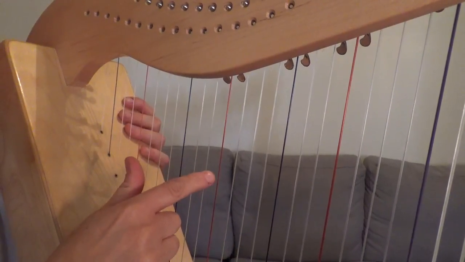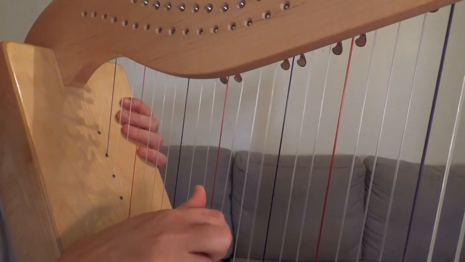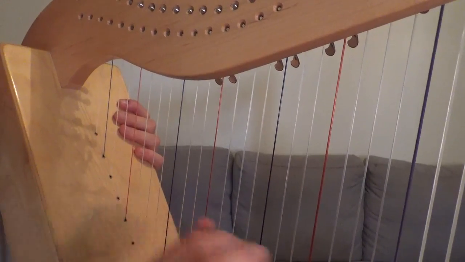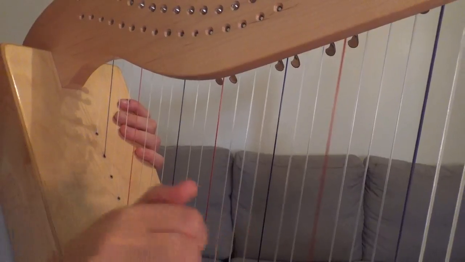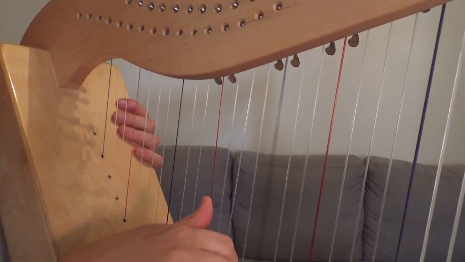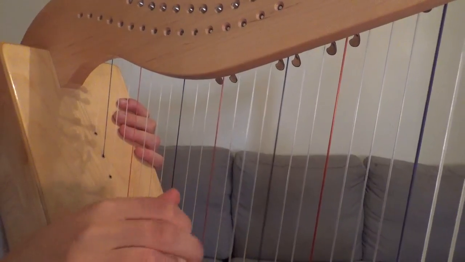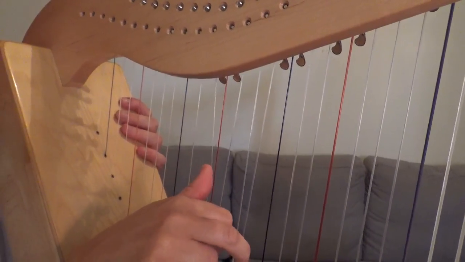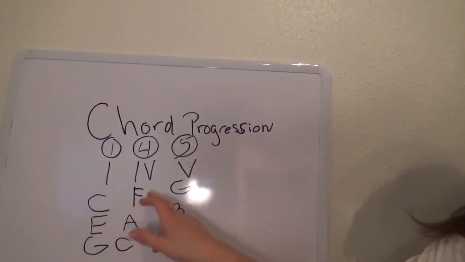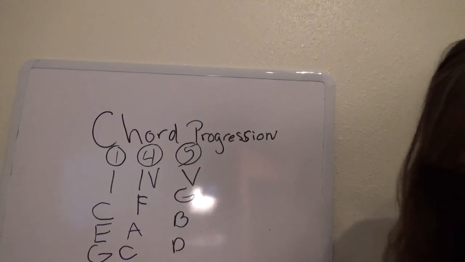It's going to be 1 above C. That's going to be a D. So it's going to be G, B, D. So, first chord, C. The 4th, F. The 5th, G. When you see your chord progression, C, F, G, that is what you're looking at.